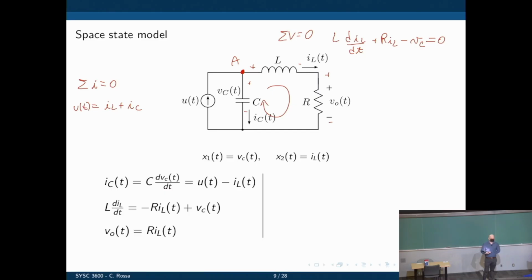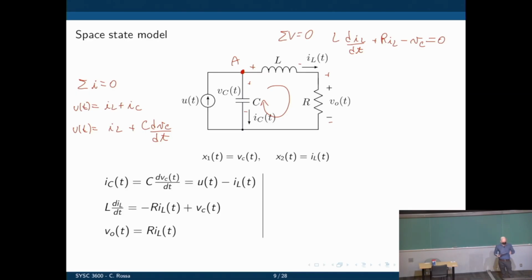What is a state? Well, VC is a state. The voltage across the capacitor is a state. So we could relate IC and VC by simply writing IC as C dVC dt. Now we replaced IC that was not a state with a state VC, its derivative.